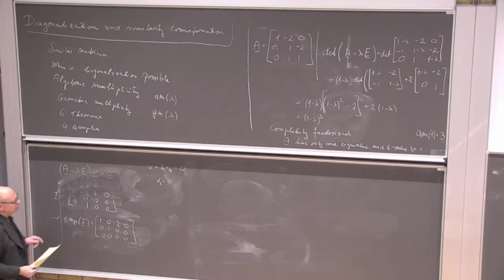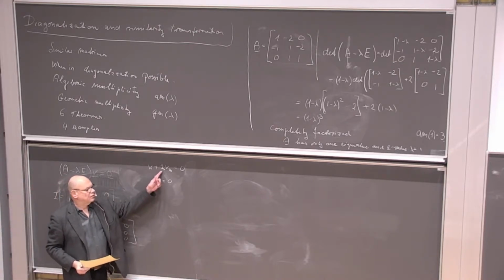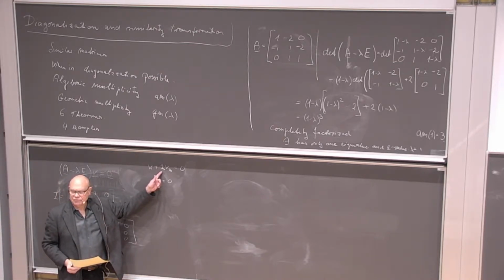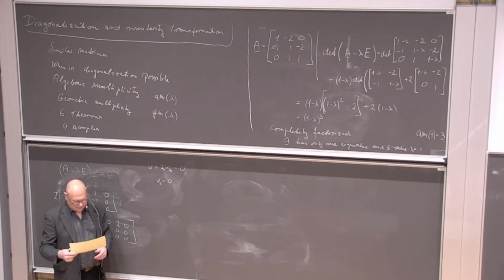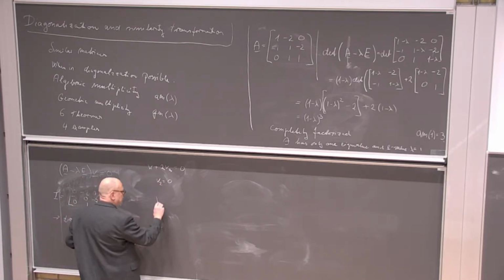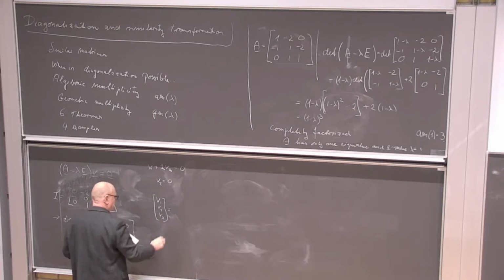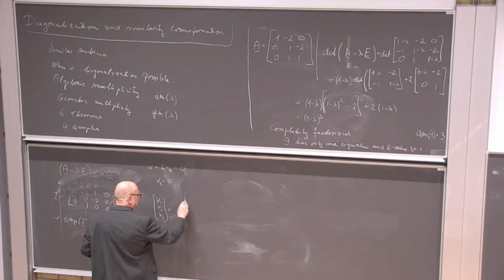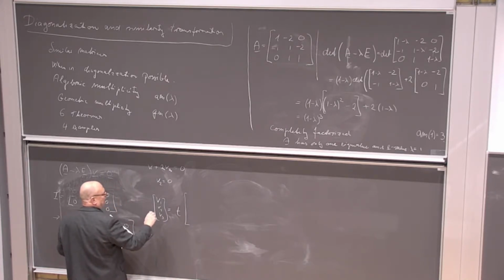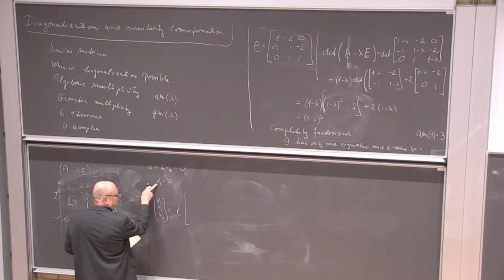So you see you're left with one free parameter. And this means that the solution is equal to your parameter, and then this is 0.